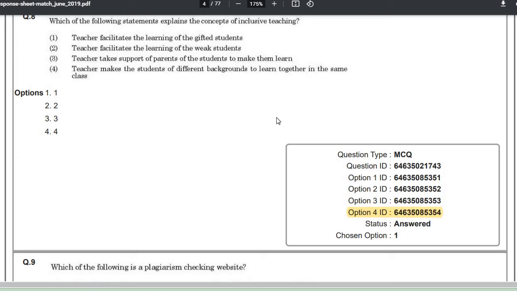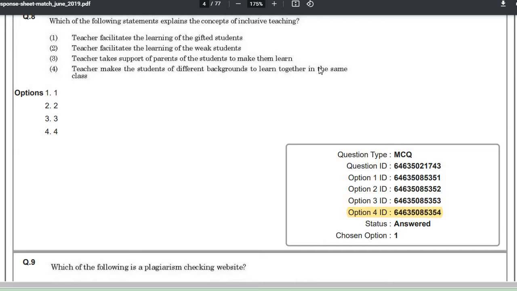Which of the following statements explain the concept of inclusive teaching? Okay. So which statements explain the concept of inclusive teaching? Teacher facilitates the learning of the gifted students. Teacher facilitates the learning of weak students. And teacher takes support of parents of the students to make them learn. Teachers make the students of different backgrounds to learn together in the same class.